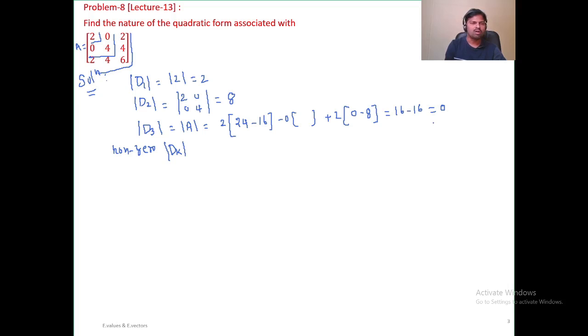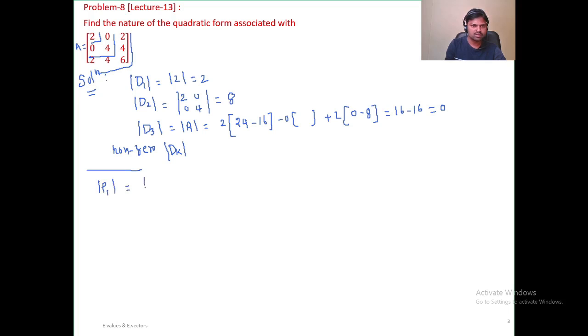Then go to the all principal minors concept, the third, fourth and fifth statements. Now only principal minors you have to look at. So this is not working out. Then go to the first order principal minors P1.